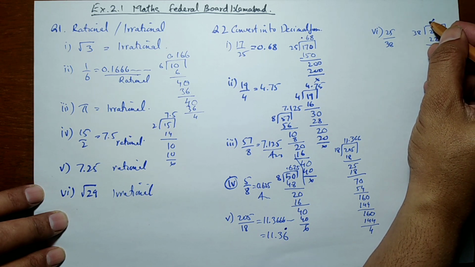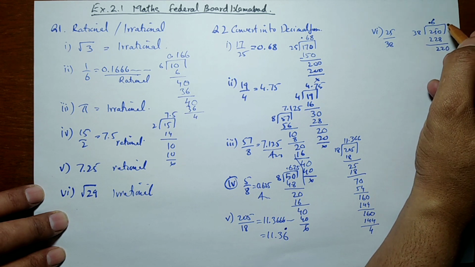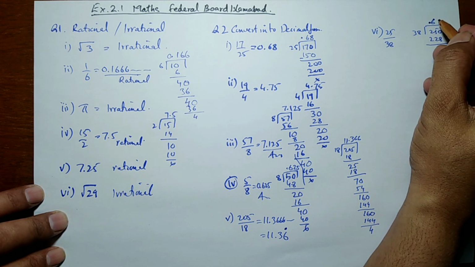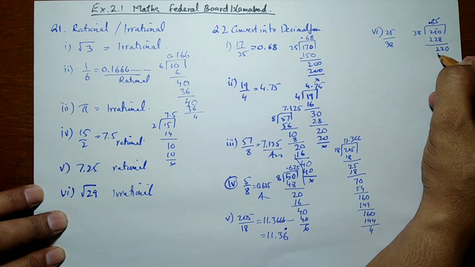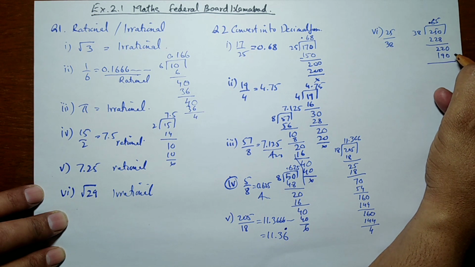We have introduced the point already. Just introduce 0 here. 38 5s are 190. Yes, 190.